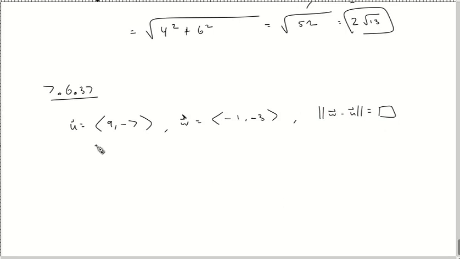Let's get back to the math. So I got this guy and I got this guy. I'm supposed to subtract them. Remember that this one minus that one, not the other way. And so we have -1, -3, 9, -7. Distribute your negative, so then I actually get -10, and then 2 negatives make a +7.